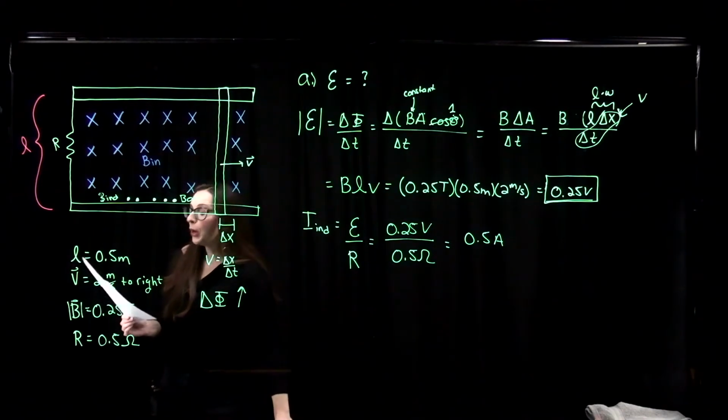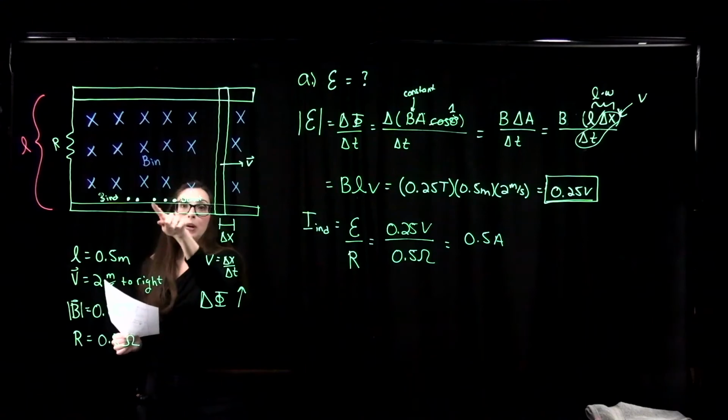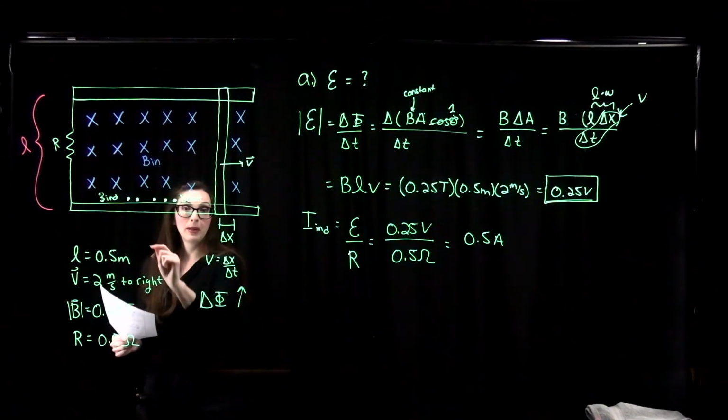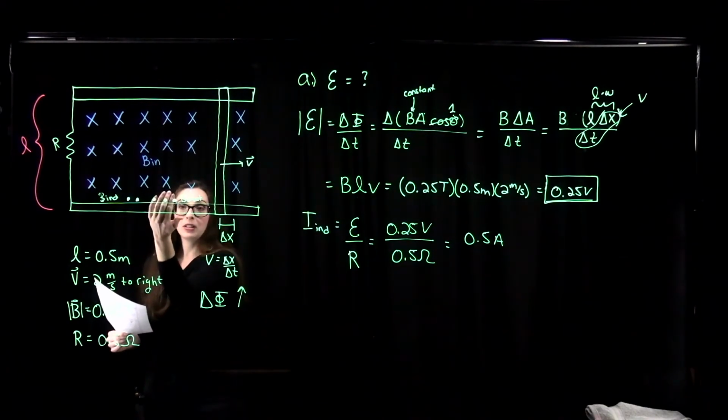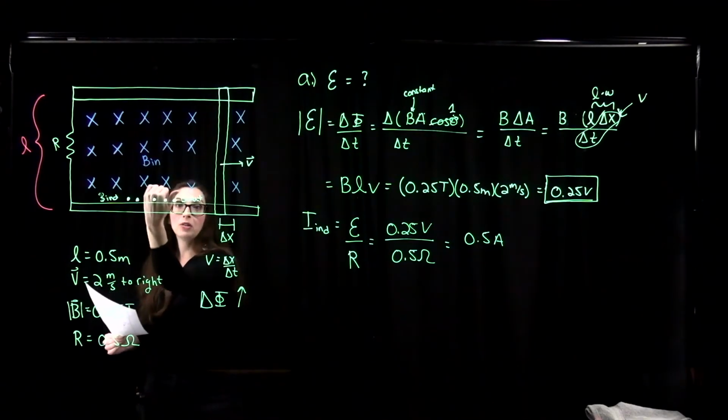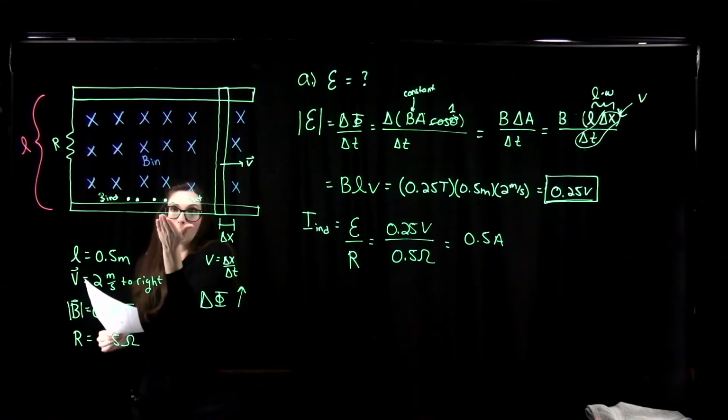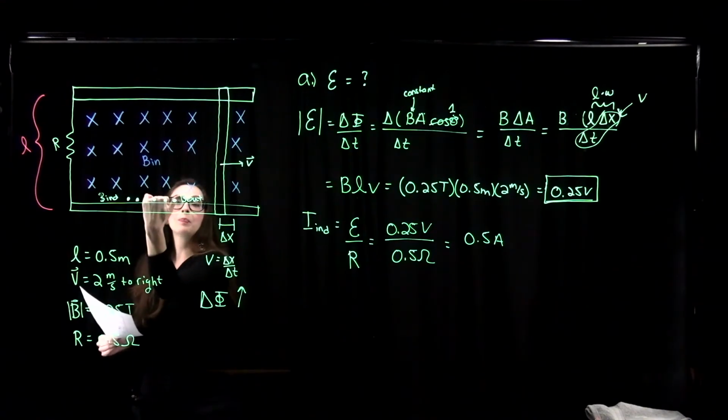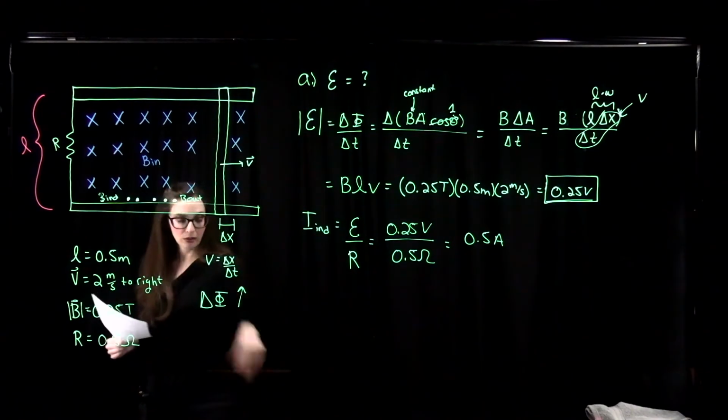Okay? So if my induced magnetic field is pointing out of the board toward me, I use the second right-hand rule: my fingers are going to curl around the direction of the magnetic field. It's going to go out of the board toward me above the loop. So that means that my thumb is going to be pointing off in this direction.